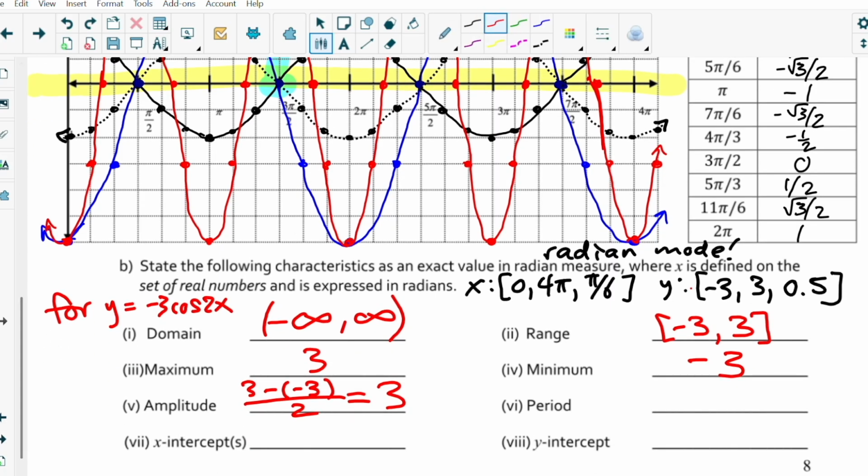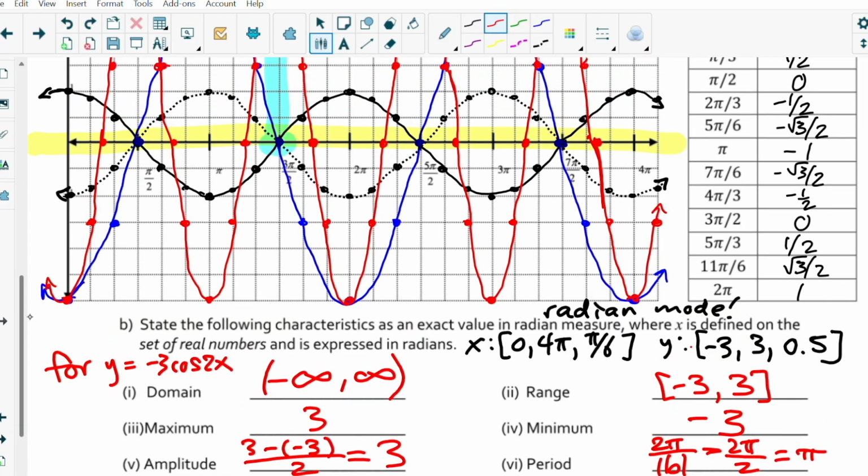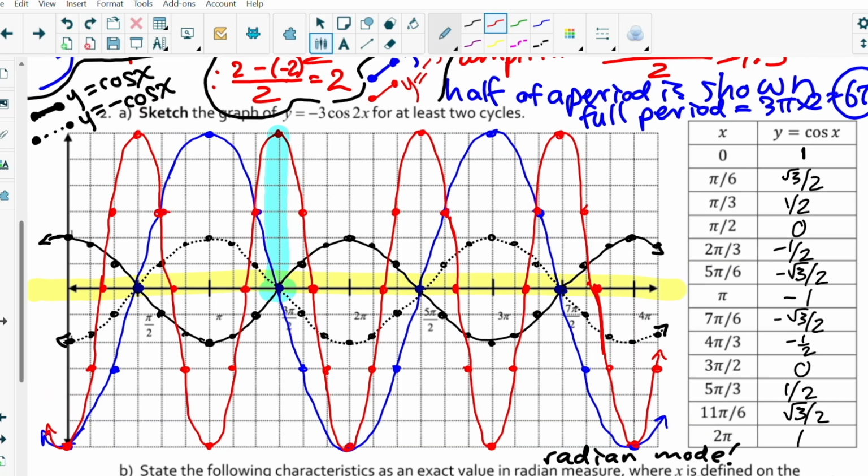Okay. Next one, period. Remember, it's defined by 2 pi over the absolute value of b. Well, that's 2 pi over 2, and that equals pi. Well, is the period pi? Let's take a look at the graph. So in green, let's start at pi over 2. Yeah, something easy to read. Pi over 2.